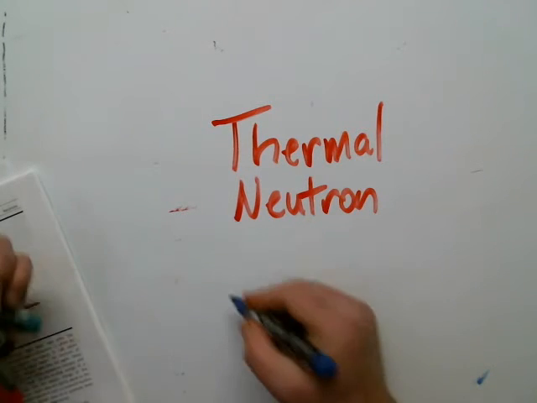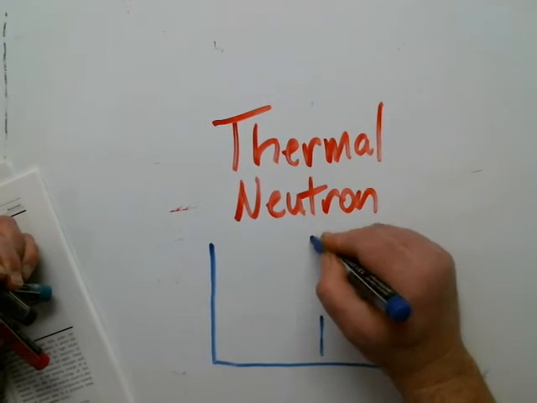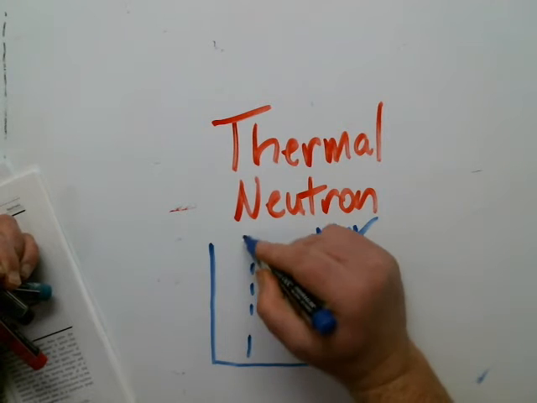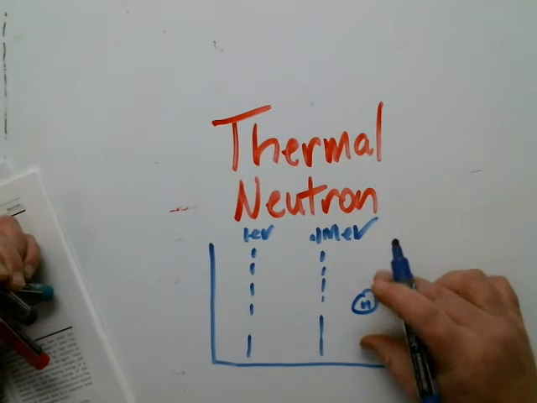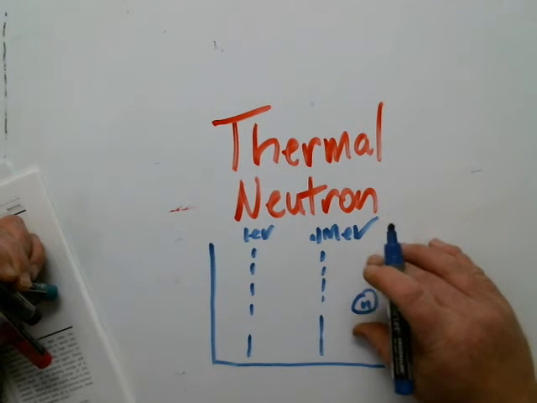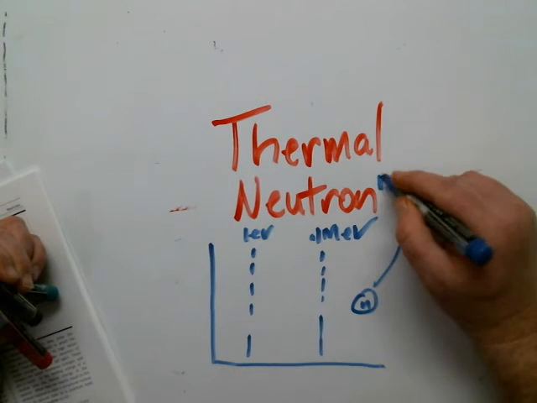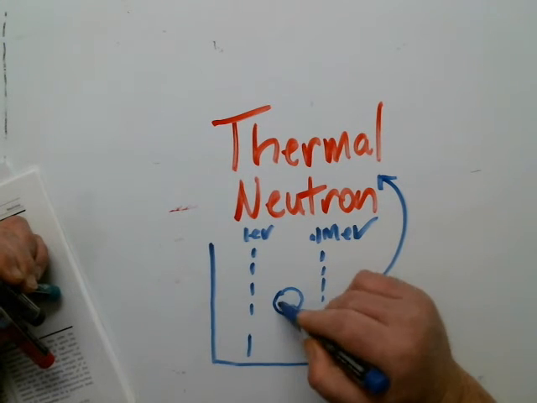So if I have this graph here, and here's 0.1 mega electron volts, and I have 1 electron volt, I have a neutron here. It could be at thermal equilibrium. If it's in a high energy area of greater than 100,000 electron volts, it could be thermal. But that's not usually what we're looking at. I could get a thermal neutron here.